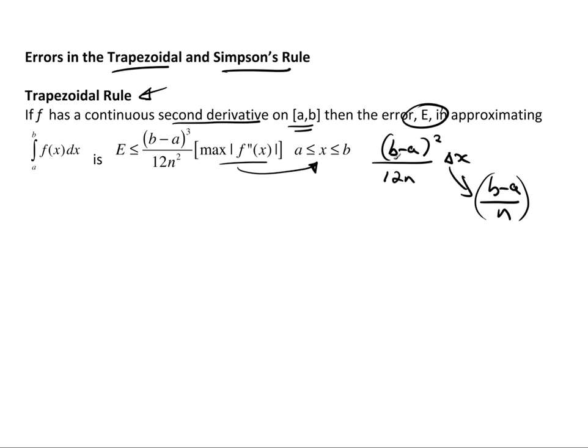So if I multiply that through, I have (b minus a) cubed right there, and I have the n squared. So if you wanted to write it with a delta x, you could. It doesn't really matter. It's the same thing. So here's my formula for finding the maximum error. It won't necessarily tell me what my error really is, but it tells you that whatever your error is, it's no more than this amount that you can calculate.